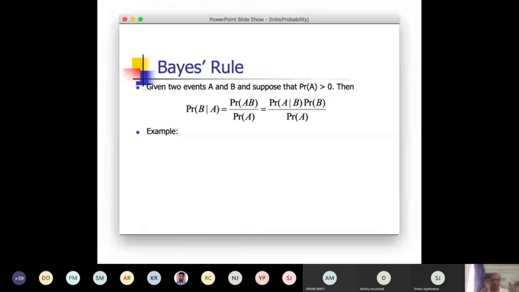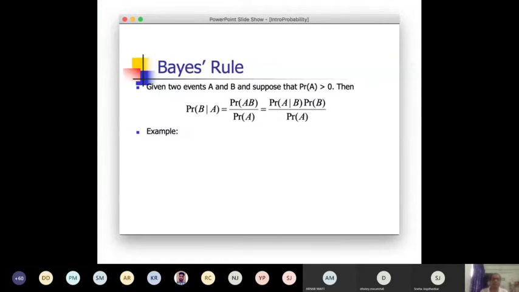So we are discussing this particular Bayes rule for computing conditional probabilities and the relationships between the conditional probabilities of two events.